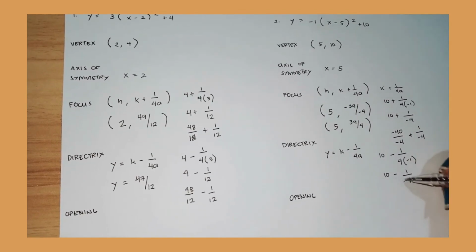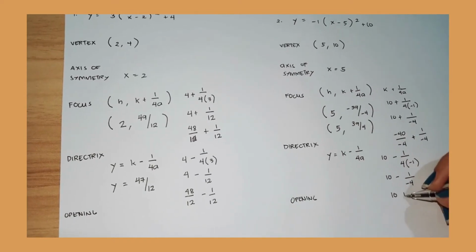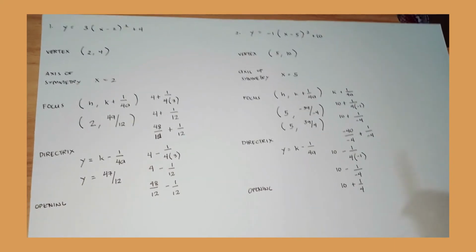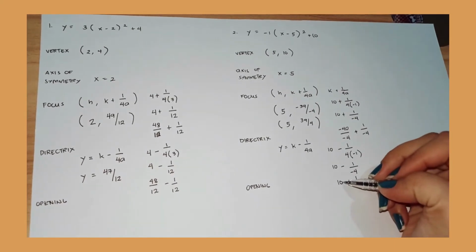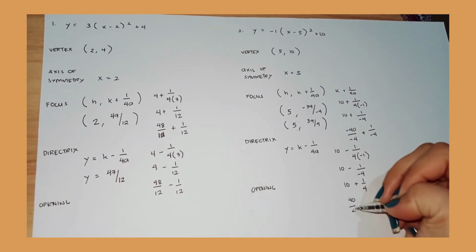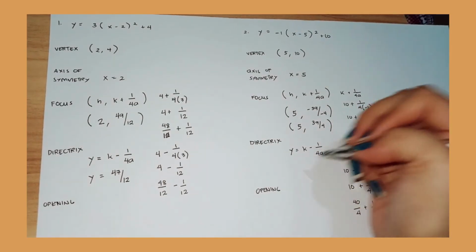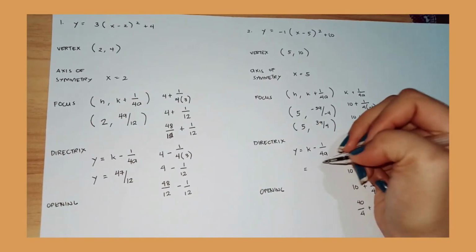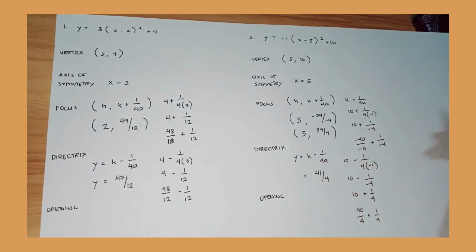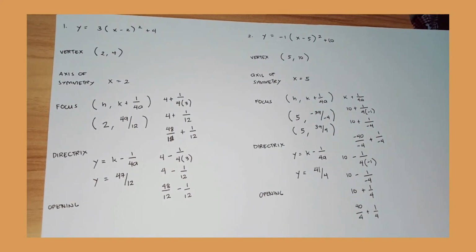Dahil pareho siyang negative, magiging positive na siya. So, this will be 10 plus 1 over 4. Then, multiply 10 times 4, that is 40 over 4 plus 1 over 4. 40 plus 1, that is 41 over 4. So, that will be the directrix. y is equal to 41 over 4.